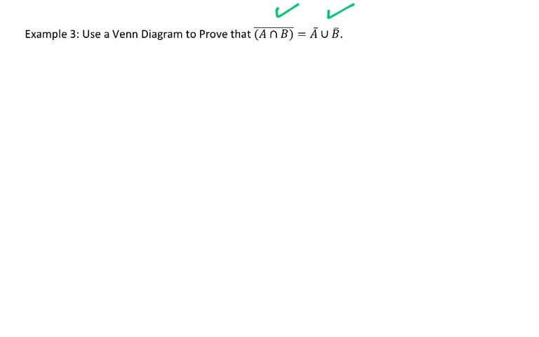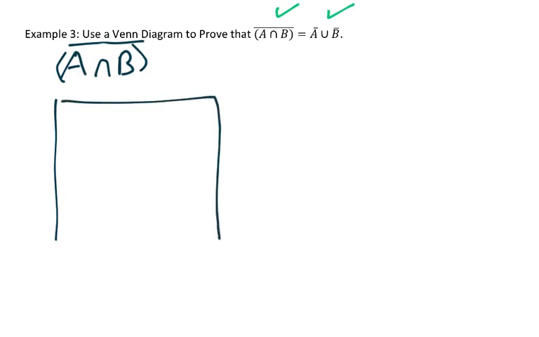Let's see if that would happen. So let's first of all draw a Venn diagram for A intersection B complement. Sorry, we only have two sets this time, so that's a little bit better, I guess.